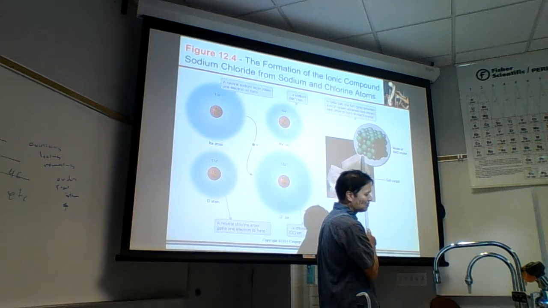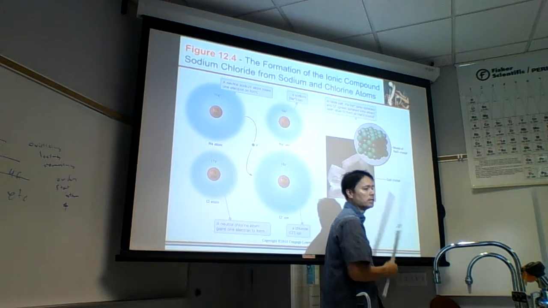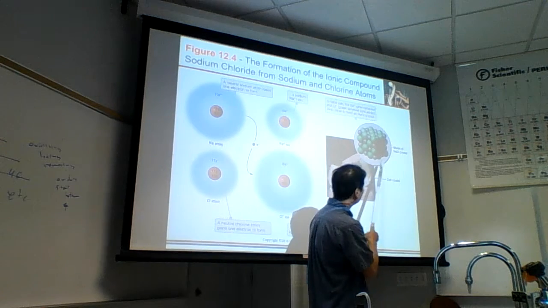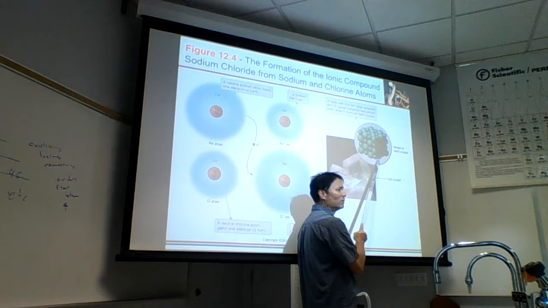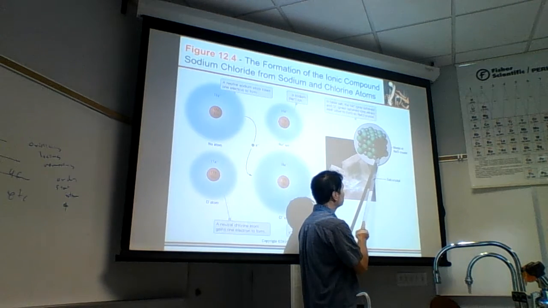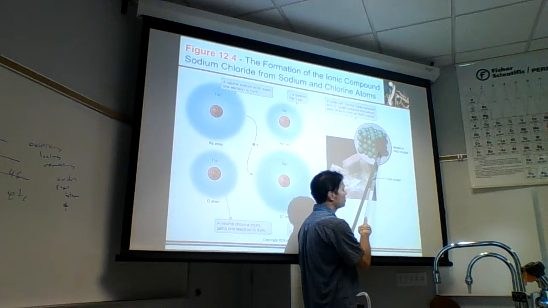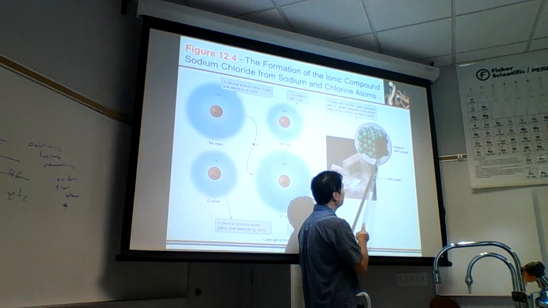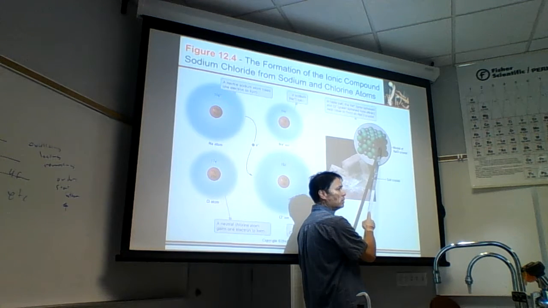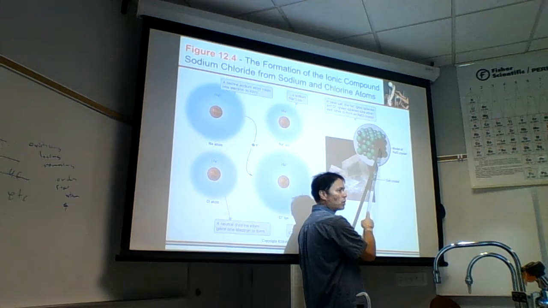A lattice of bonds is very tricky because of this. The nearest neighbor to a sodium are green chlorides, but the next nearest neighbor would be sodium. That's a repulsion, because positive hates positive. But the next nearest would be chloride, which would be an attraction.